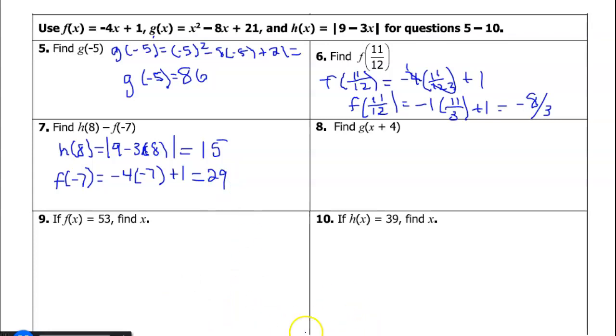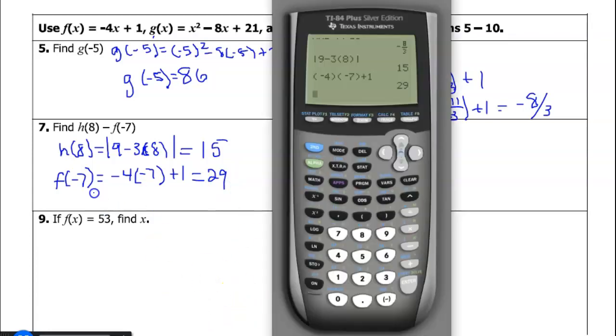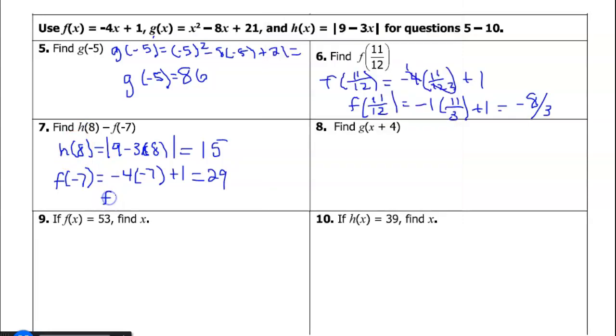And now I just subtract the two. So h of 8 minus f of -7 is equal to 15 minus 29, which is -14.